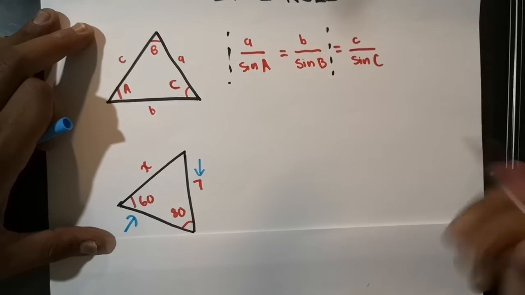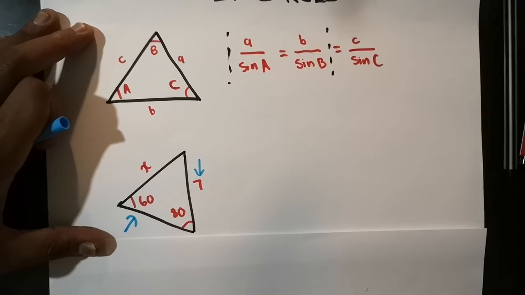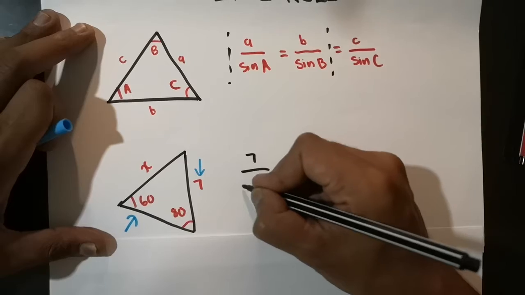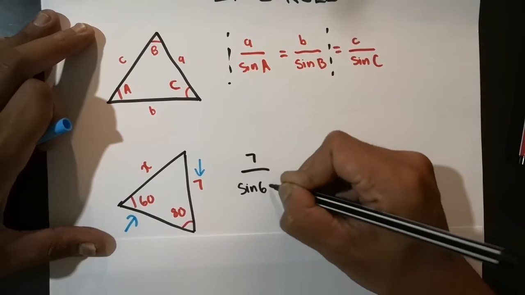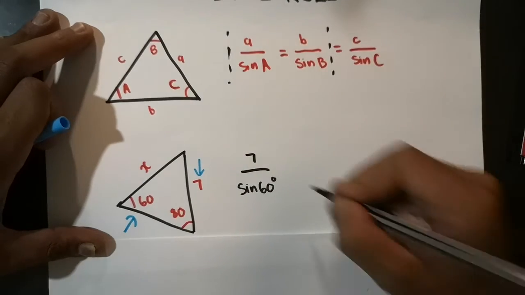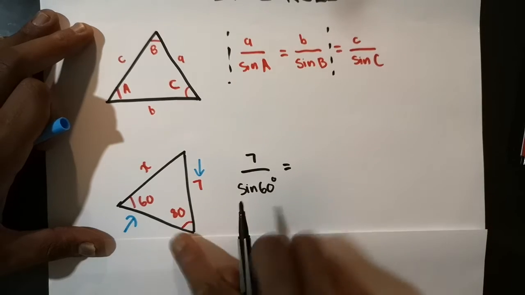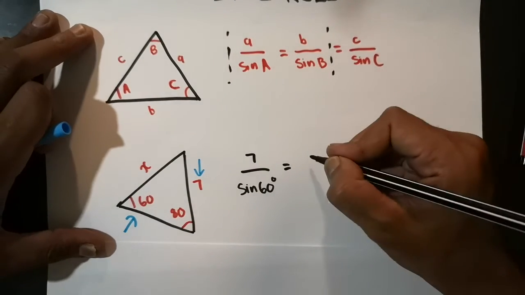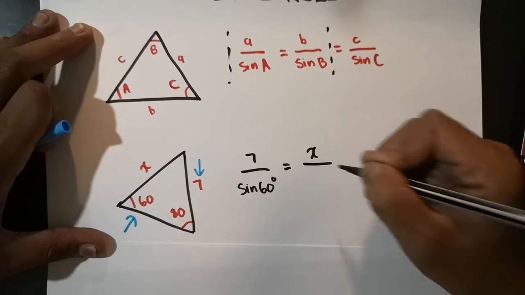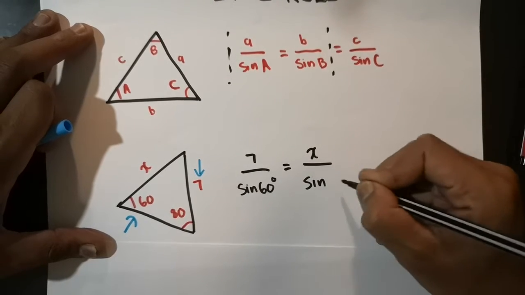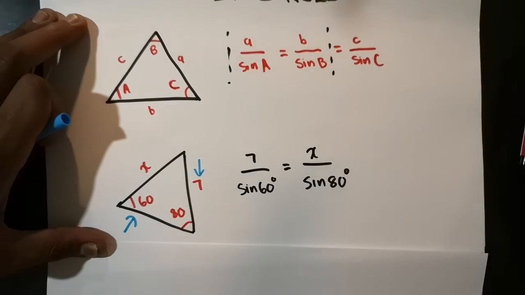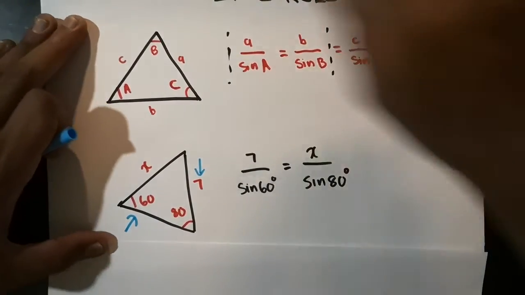So I put it as 7 over sine 60 degrees is equal to length over sine angle, so I put it as x over sine 80 degrees. This is my second pair.